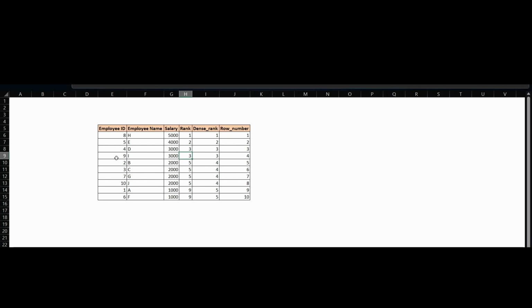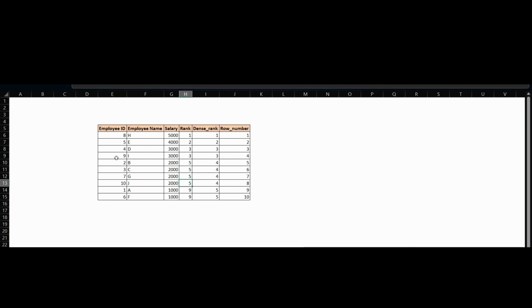In this case, since rank number 4 is missing, we will get rank number 5, and rank number 5 will be provided for all the next possible tied contenders. In this table, we have 4 people tying up for the salary of 2,000 and all of them have gotten the same rank.